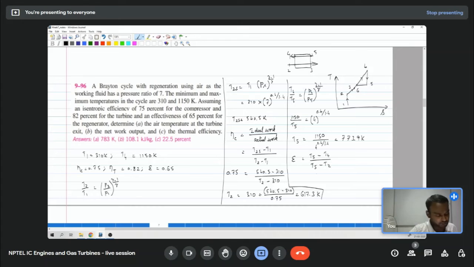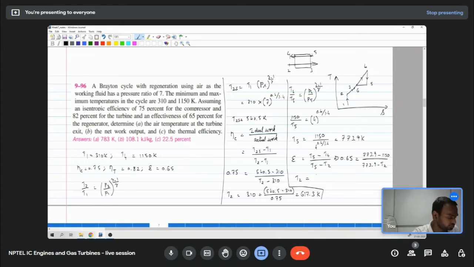This is 0.65, equal to T5, which is 773.9, minus T6, divided by T5 minus T2. T5 is 773.9, minus T2.